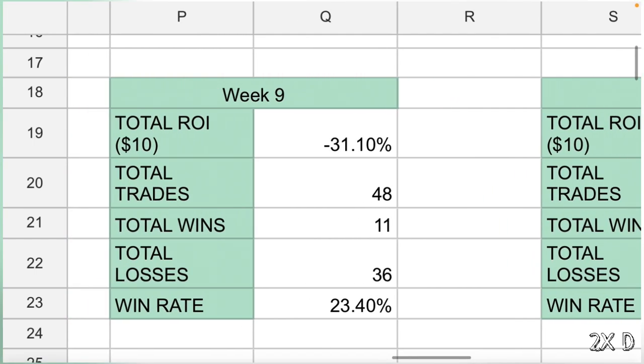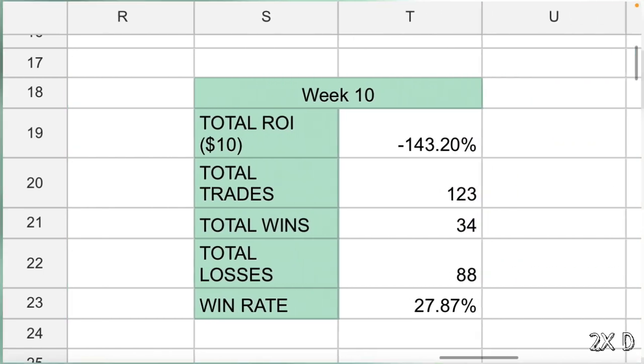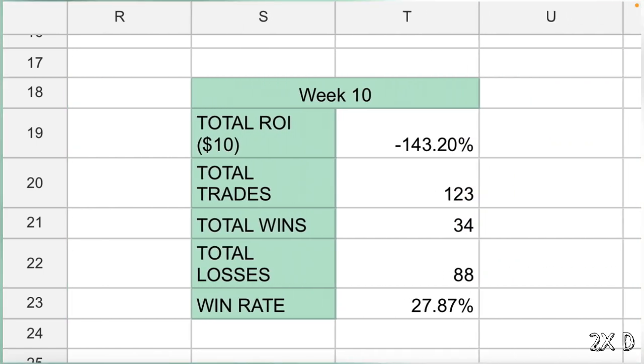So at the end of week 9, we had $52.5 in our account, right? And then we go on to week 10, where now we lose 143% of the account, right? 143%, that's crazy, right? It's not the most you've ever lost, but it's a crazy amount.